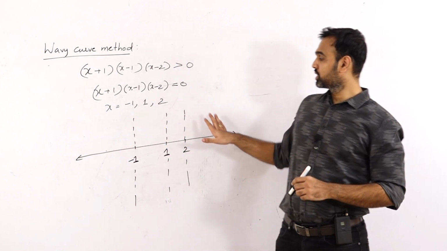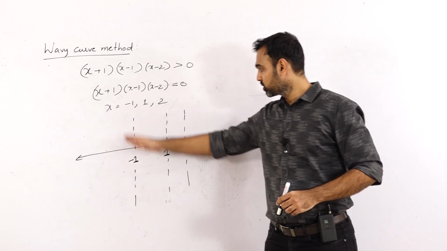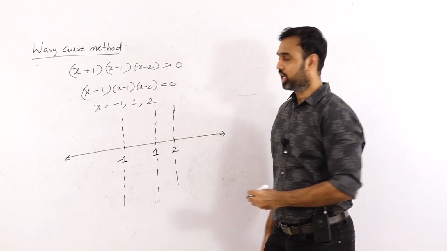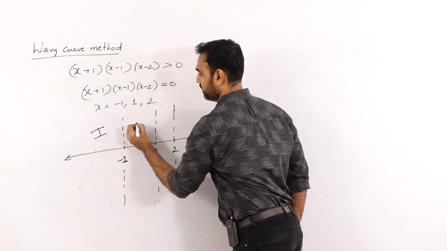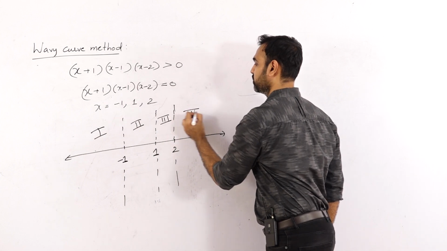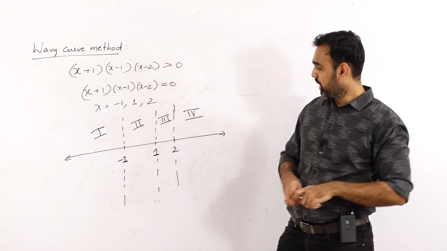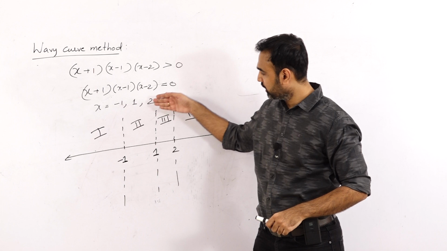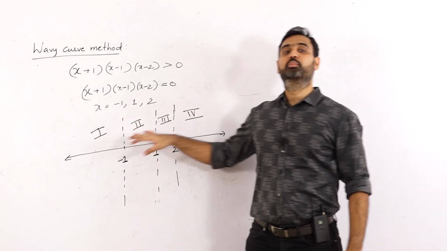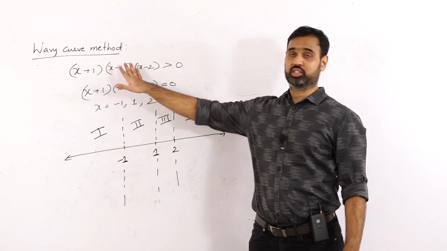Now this entire number line, because of these perpendiculars, is divided into certain regions. Let us call this region 1, this region 2, this region 3 and this region 4. So after drawing the perpendiculars at the roots, we have divided the number line into 4 regions in this particular question.